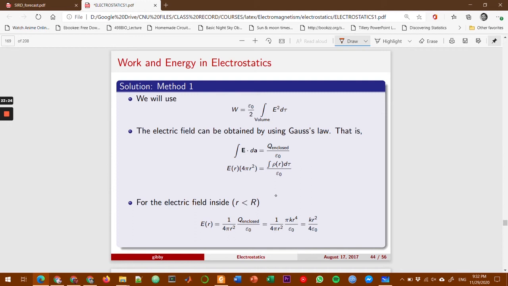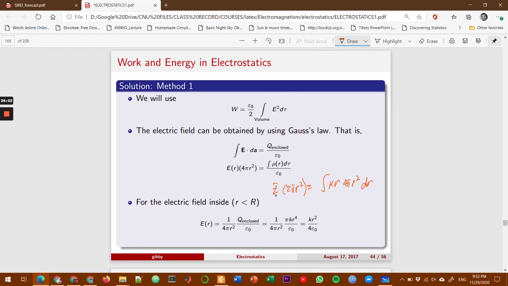So for the electric field inside, small r is less than big R. So you have this formula. E times 4 pi r squared equals your Q enclosed, which is the integral of kr d tau. So your d tau is actually 4 pi r squared dr, right?